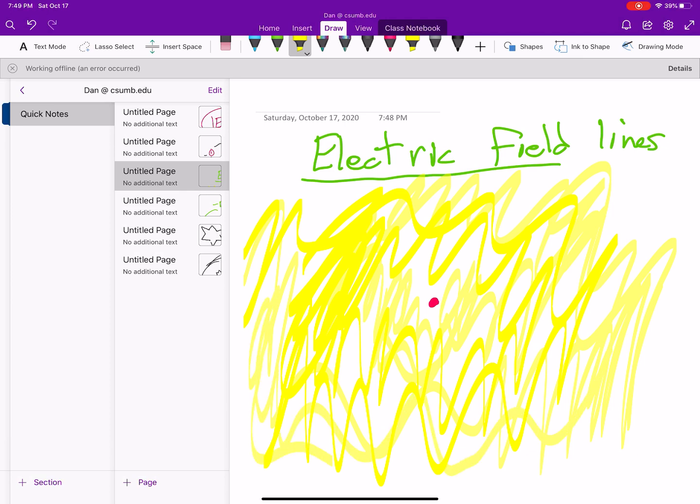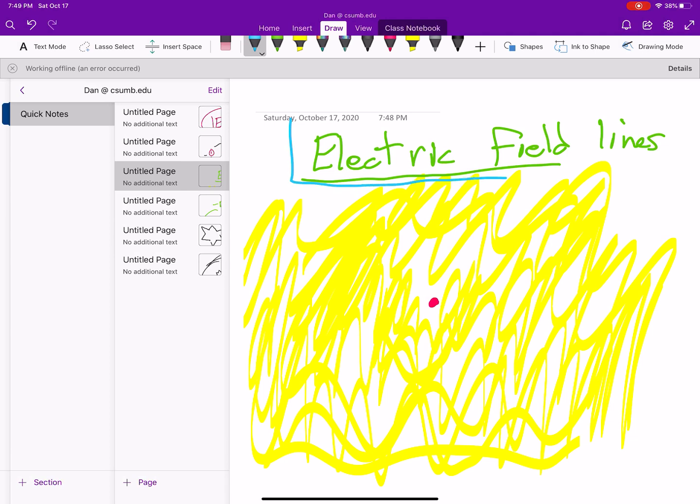So I'm going to draw these electric field lines to represent the direction of the electric field at any point in space. It would be the direction of the force that a positive test charge would experience at any point in space, because that's what the electric field direction is defined by.